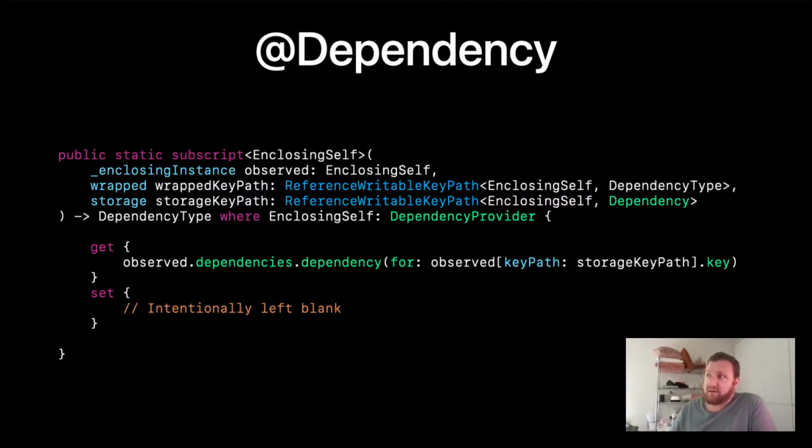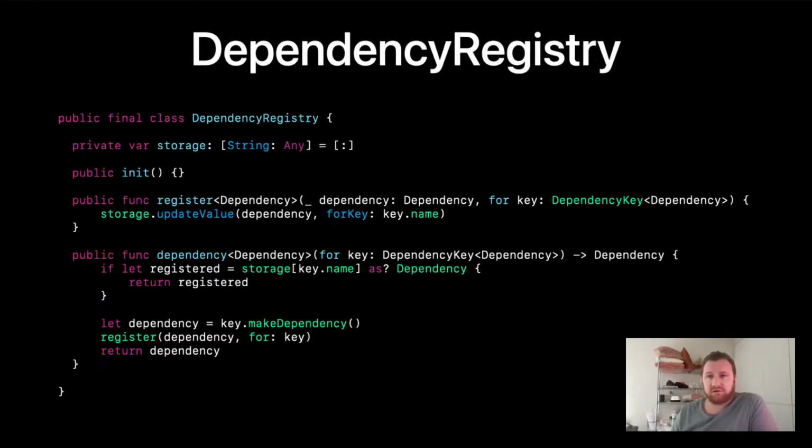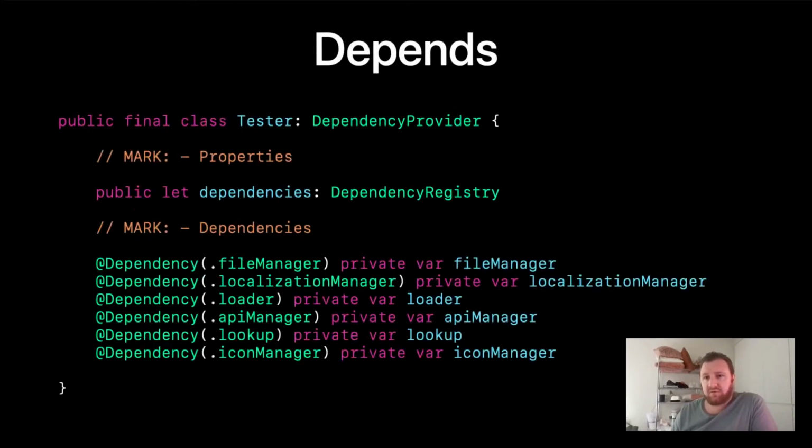So to see the type that it's embedded in. So if I go back to this one, in the dependency property wrapper for file manager, when we come to that enclosing self type, it would be tester. So it allows the property wrapper to see the type that it's embedded inside, the type its property is inside of.